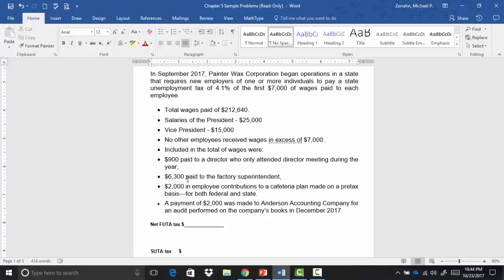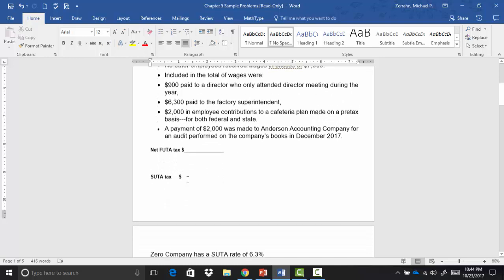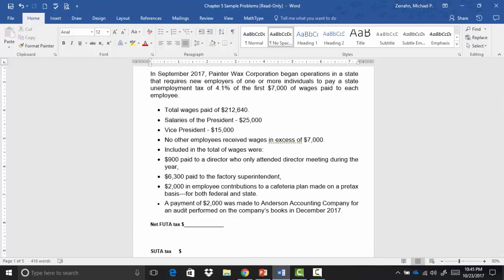So let's take a look at what we have going on. We have to figure out our FUTA and our SUTA taxes. Total wages, $212,640. We only have to pay on the first $7,000 for the president and the vice president. So that's $18,000 over the limit, and that's $8,000 over the limit.